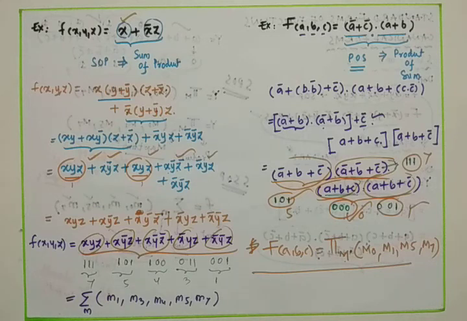Thank you students. In tomorrow's class I am going to talk about the K-map, that is the Karnaugh map, which is used to simplify the Boolean expression. For example, say I have one Boolean expression that is a sum of product. If I wanted to implement it without simplifying, I would require 100 gates.